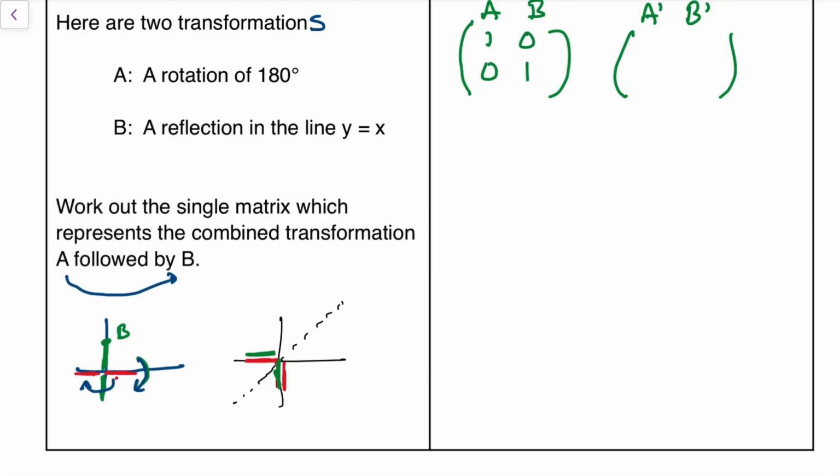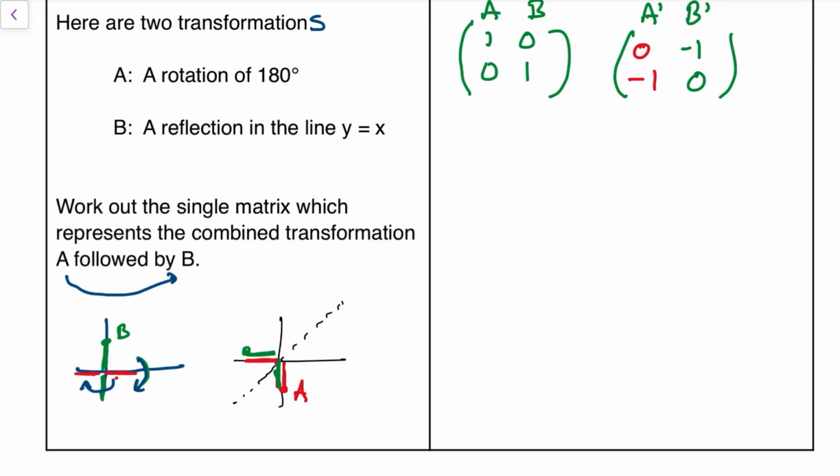So now the new version of B is here, and that's going to be minus 1, 0. And the new version of A is here, and again, hopefully you followed what I did when I was moving them around, which means that is 0, minus 1, and that is going to be my answer. So in other words, I've got 0, minus 1, minus 1, 0.